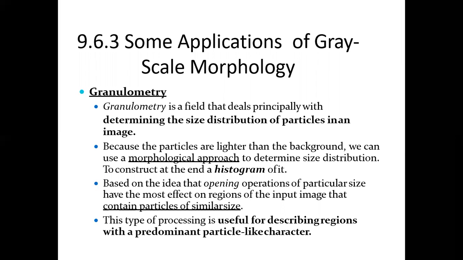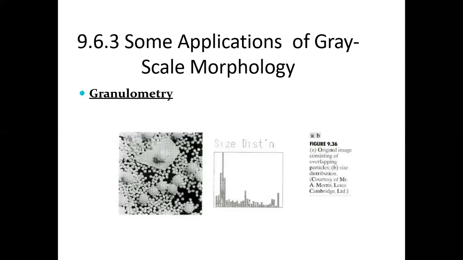It is based on the idea that opening operations of a particular size have the most effect on regions of the input image that contain particles of similar size. This type of processing is useful for describing regions with a predominant particle-like character. This is an example of granulometry.